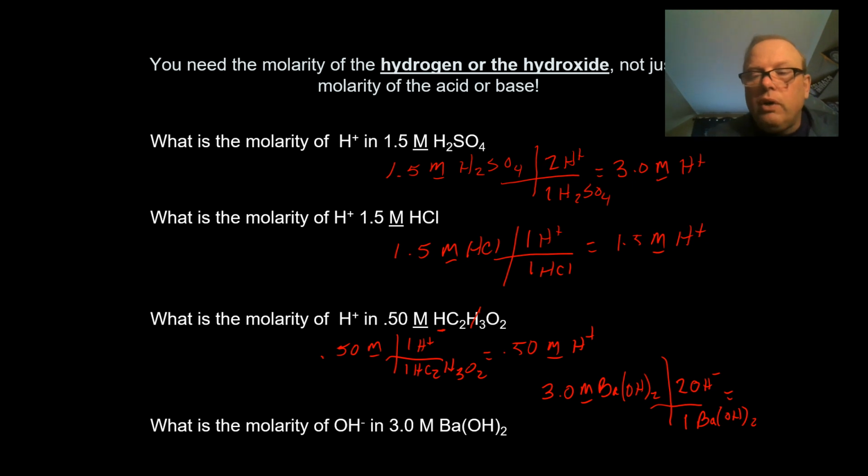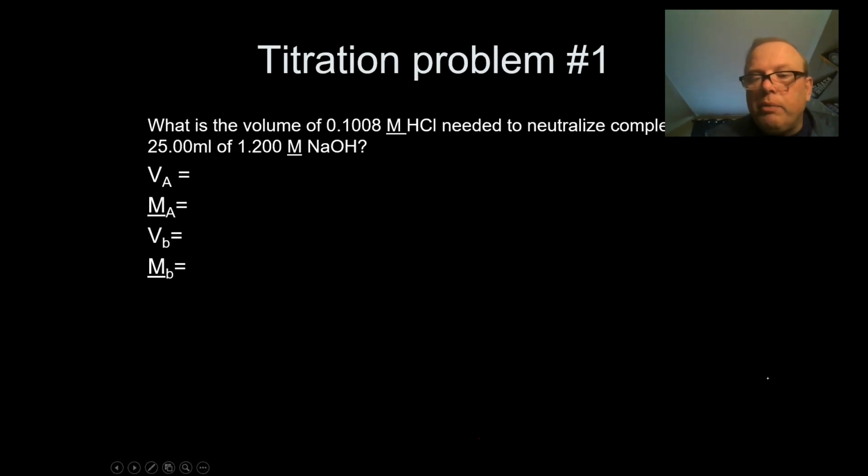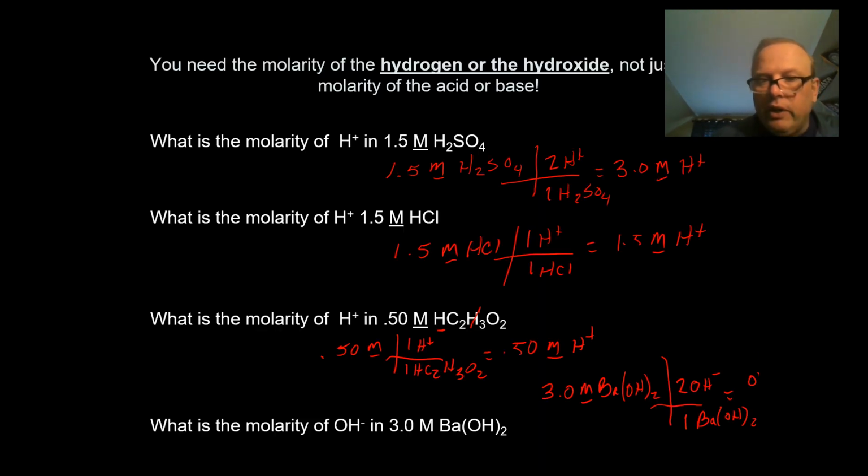So therefore, the hydroxide molarity, I hate running off the screen on this thing, the hydroxide molarity here, I'm going to put it over here, OH minus, will be equal to 6.0. And that is the why of it. You have to multiply the molarity times the number of particles that you're looking for, either the hydrogens in an acid or the hydroxides in a base.